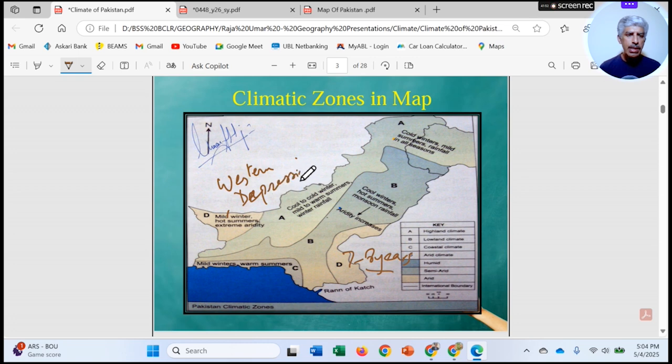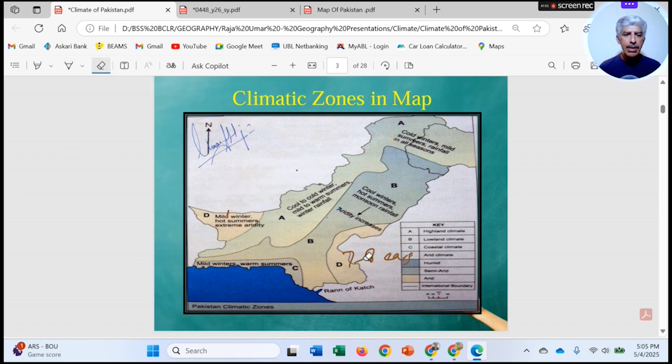That does not fulfill the needs of the area, so the region stays quite dry all the time. This is how all the 4 climatic zones of Pakistan are, and their characteristics, in which area what sort of climatic conditions prevail. Hopeful that the things are clear to you all.